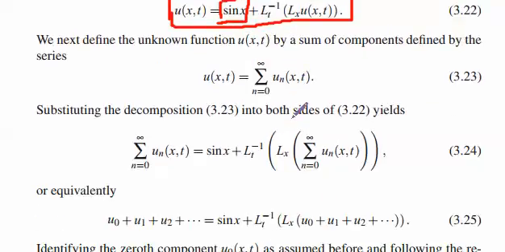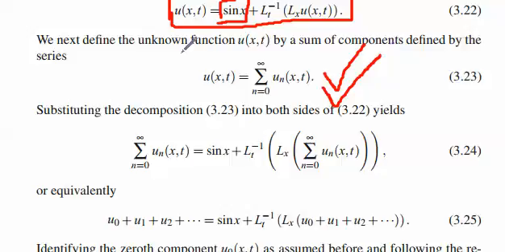So in the next step we assume that for the unknown function u of x, t, a series form exists, or we define this unknown function in a series form.